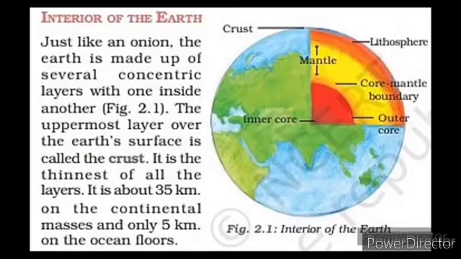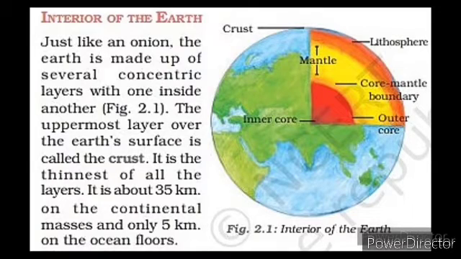The continents have a much higher thickness, around 35 km, in contrast to the ocean crust, which is 5 km deep. However, despite being 35 km and 5 km deep, the crust is considered the thinnest layer among the three layers, that is the crust, the mantle and the core.